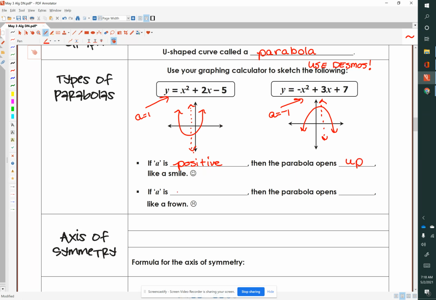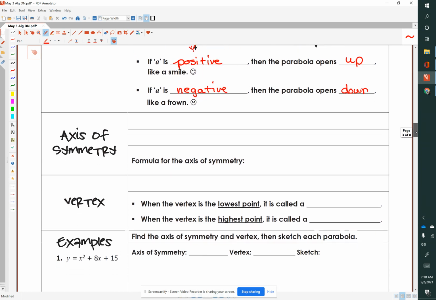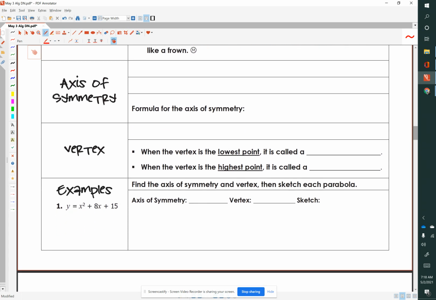If a is negative, the parabola opens downward, like a frown. So look for that a value, and you can tell even before you graph it which direction that parabola will open.